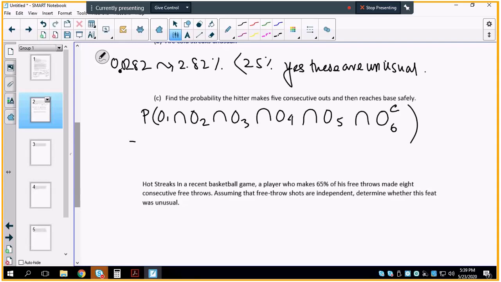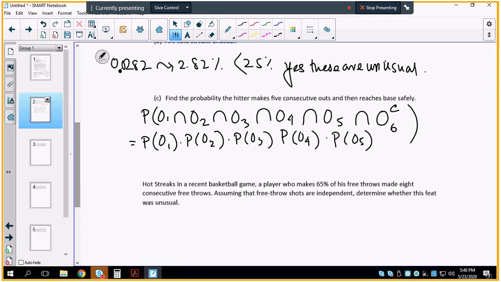These are all independent events, so you will say probability of O1 times probability of O2 times probability of O3 times probability of O4 times probability of O5 times probability of O6 complement. Well, each of the first 5 probabilities are 0.7, so I will say 0.7 to the power 5, and the last one should be 0.3.